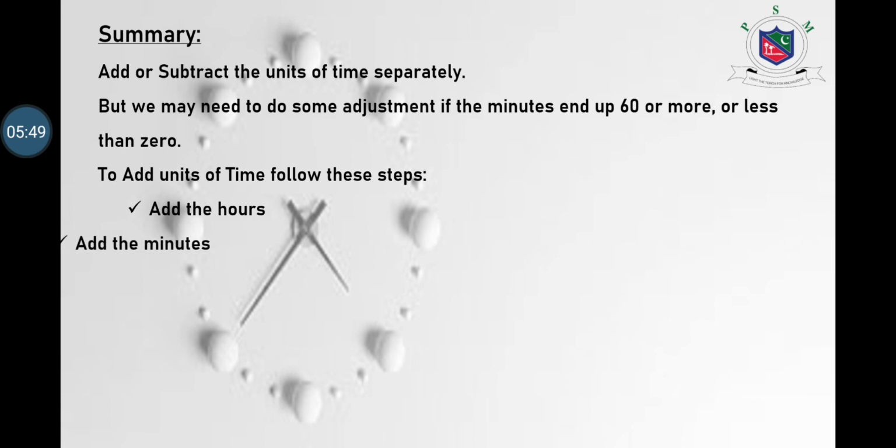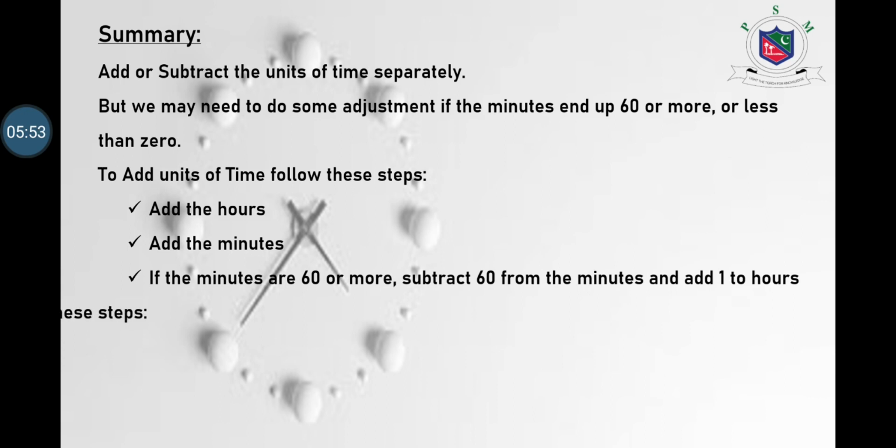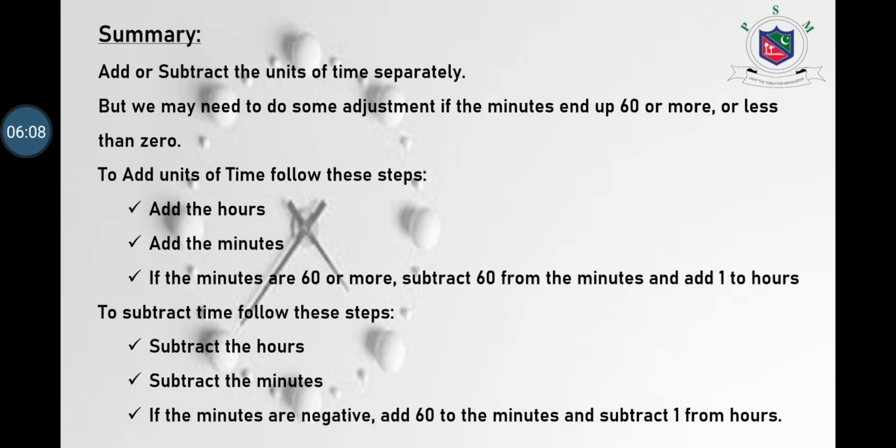Add the hours, add the minutes. If the minutes are 60 or more, subtract 60 from the minutes and add 1 to the hours. And to subtract time, follow these steps. Subtract the hours, subtract the minutes. And if the minutes are negative, add 60 to the minutes and subtract 1 from hours.